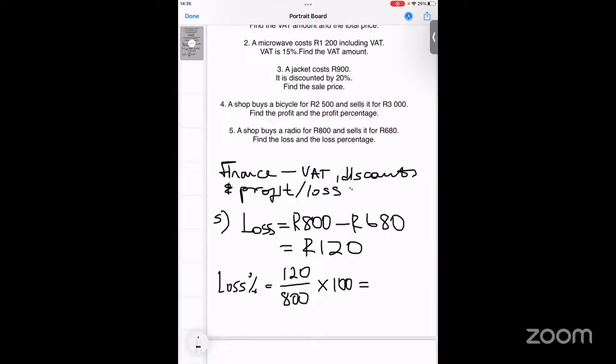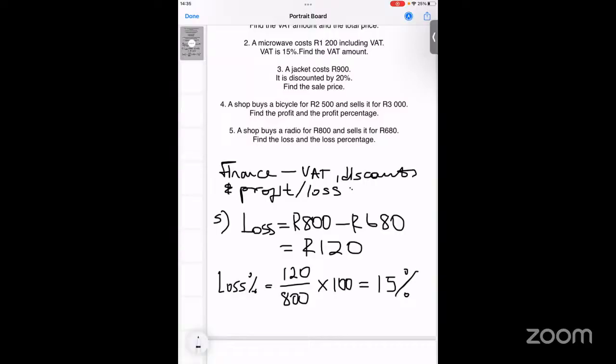So let's see what we get. We get 120 divided by 800, and then you multiply it by 100 and you get 15%. Okay, you get 15 on your calculator, but just remember to say a percentage there.